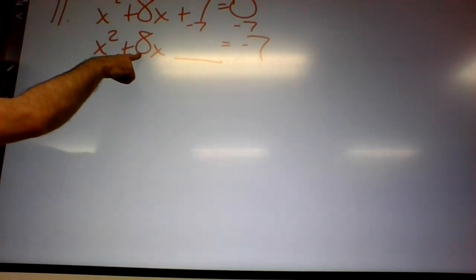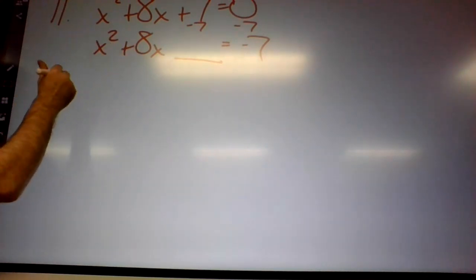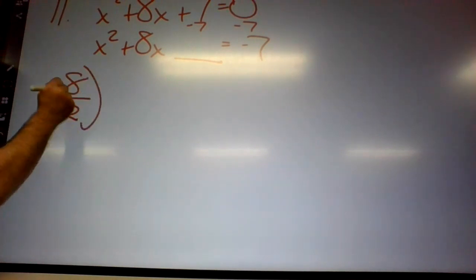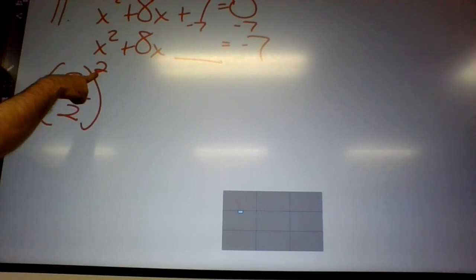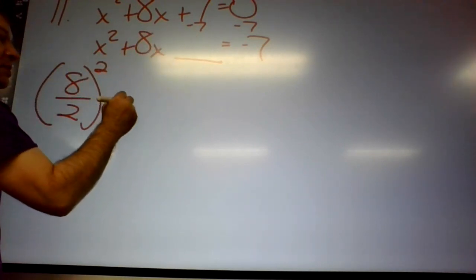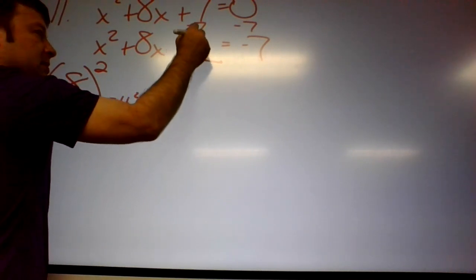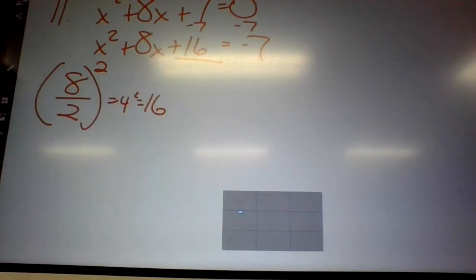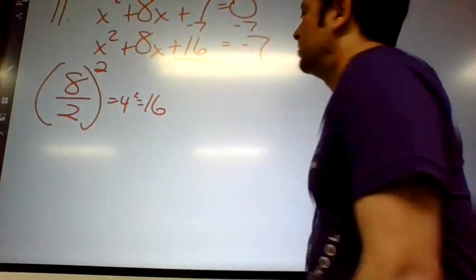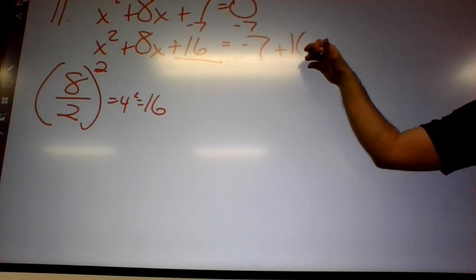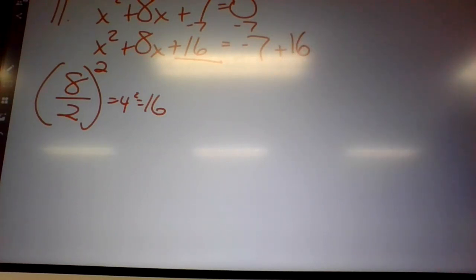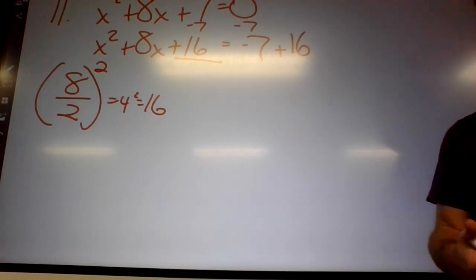You do 8 divided by 2, squared. 8 divided by 2 is 4. 4 squared is 16. So positive 16. But if you add 16 to one side, you're supposed to add it to the other side, to keep it equal.